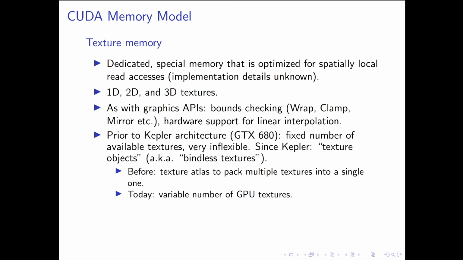Texture memory also has certain other properties, for example bounds checks, and those are the very same bounds checks that we also discussed in the graphics lectures, where the API helps with texture accesses that go beyond the borders of the actual texture. When we access a memory address beyond array boundaries, that usually results in some type of memory access violation.